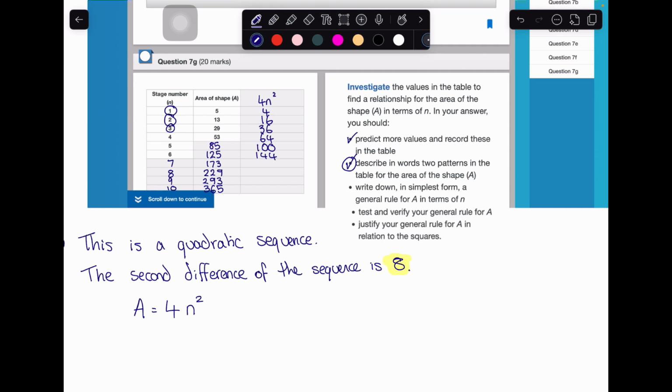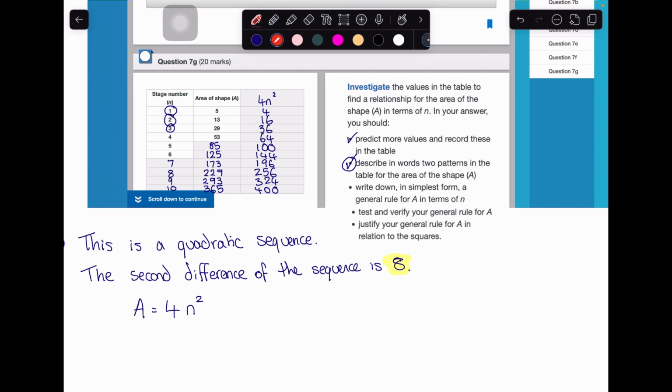When n is 7, 7 squared multiplied by 4 would be 196. When n is 8, 8 squared multiplied by 4 is 256. When n is 9, 9 squared multiplied by 4 is 324. And when n is 10, 10 squared times 4 would be 400.